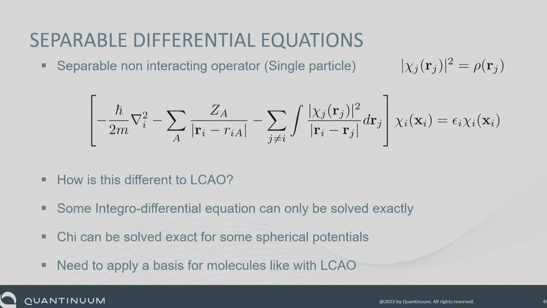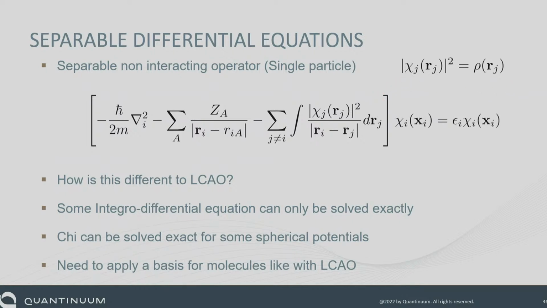Now, I must say, we can't use linear combination of atomic orbitals in this approach. The reason there's no basis here so far is that this is all just using differential equations. So this is an integro-differential equation, and they are solvable in some cases.